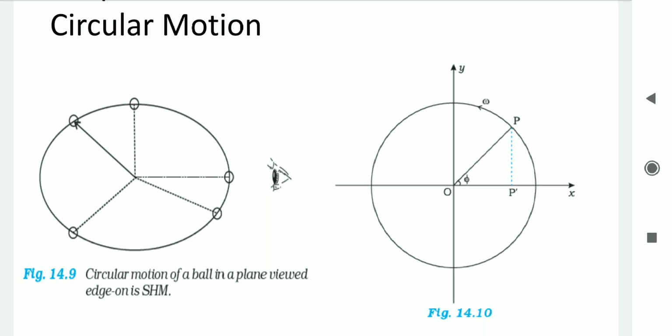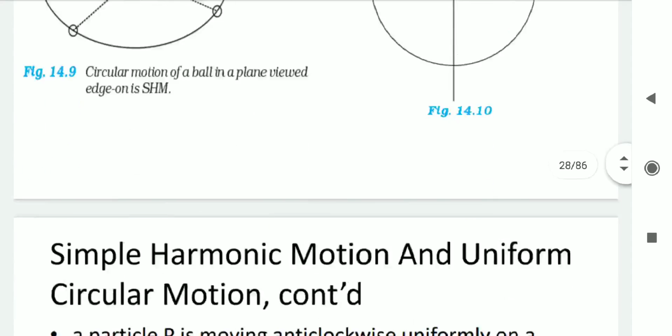This projection of the motion of particle P onto the y-axis is also possible. So the displacement y of t we can define as A sin (omega t plus phi), because on the y-axis the cos function is 0. Here the phase difference between the reference line and the y-axis is pi by 2 radian. Right. Let us understand its example.